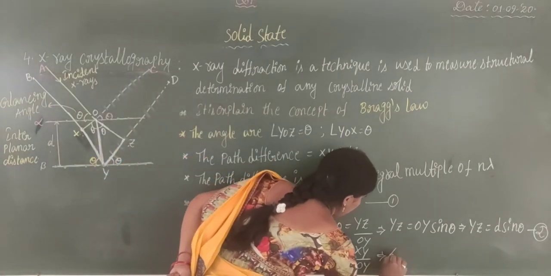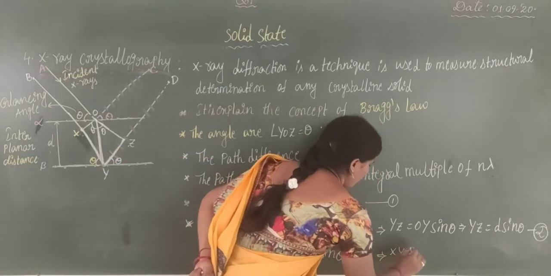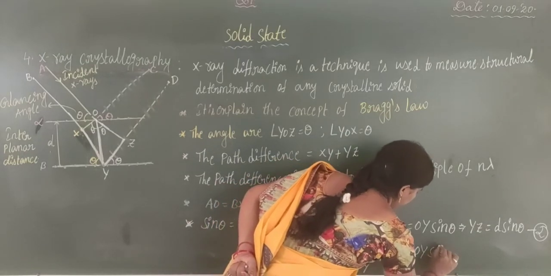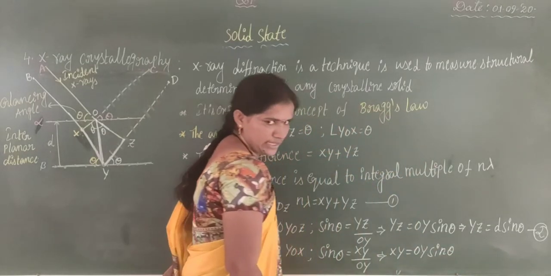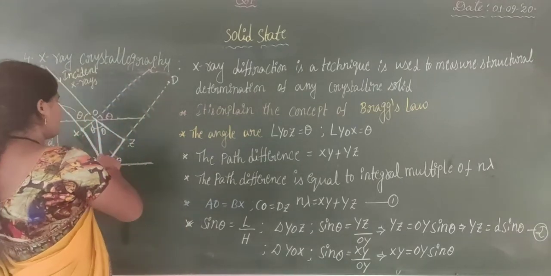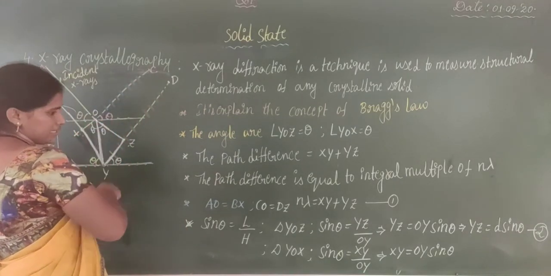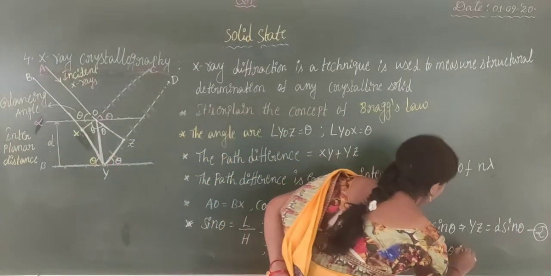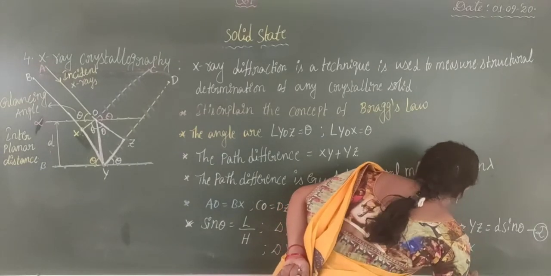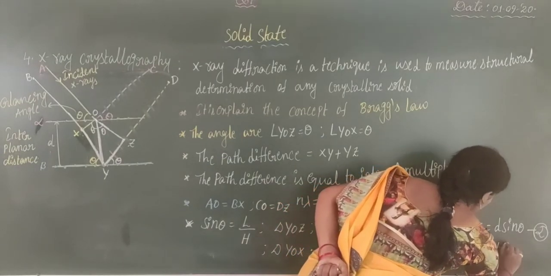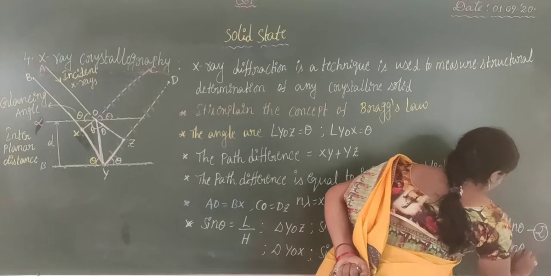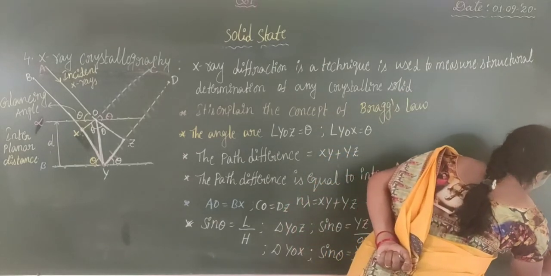From that, XY is equal to OY into sin theta. OY is the distance between the two layers, represented by the letter D. So XY is equal to D into sin theta. Keep this as equation 3.